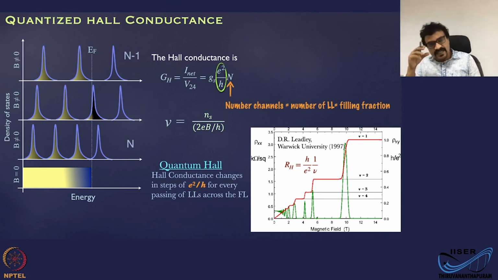Now, just to understand this a little bit further, let's consider the picture that we drew in the last class, where you have the continuum of states at B equal to 0, that is going to get split into different Landau levels when you apply a magnetic field, and the Landau level spacing will increase when you increase the B field.